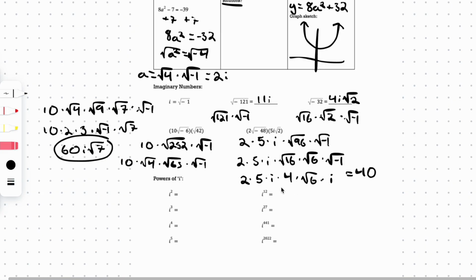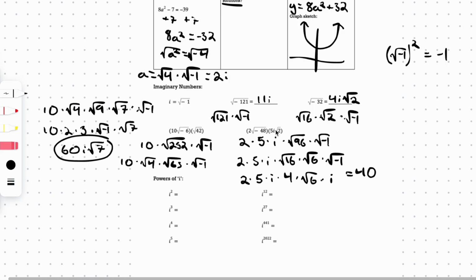So we've already done all these three. We have i times i. Well, i times i is i squared, which is root negative 1 times root negative 1. So that's root negative 1 squared. What does that equal? Well, we're squaring a square root, so they cancel out, and it's just negative 1.